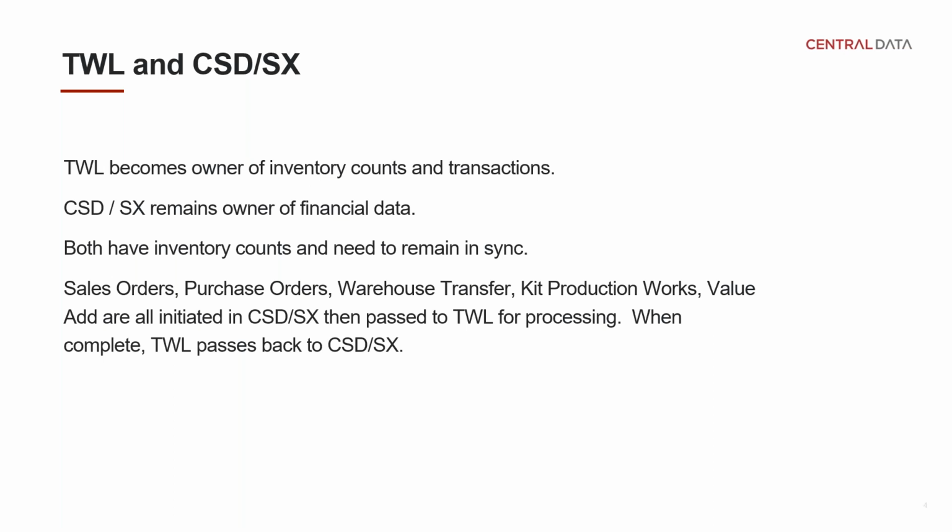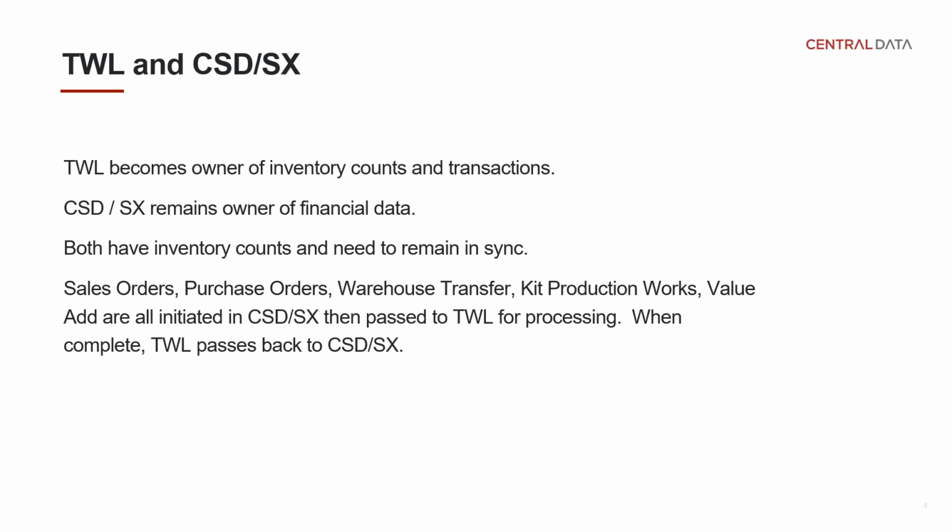And if you want to look at some transactions, some of those will be visible in ICIP, but there's going to be much more detail in the transactional records in TWL. And so it does record everything, so you can see everything that went on with an item. CSD or SX remains the owner of the financial part of inventory still. So there's really not inventory cost, item cost in TWL. That remains in SX.